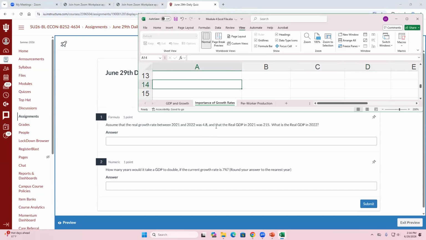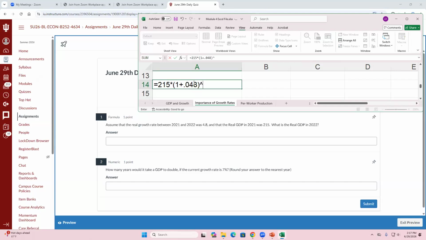I know that my real GDP is 215, and I want to determine what the real GDP is 1 year from now. Well, anytime we want to find our new GDP, it's our old GDP, which is 215, times 1 plus my growth rate. Now here, when we're using this equation, we always need to use the growth rate in decimal form. So instead of 4.8%, we'd be using 0.048.